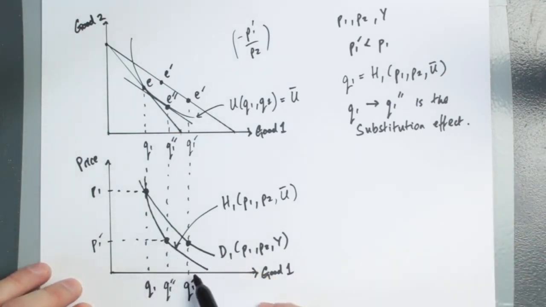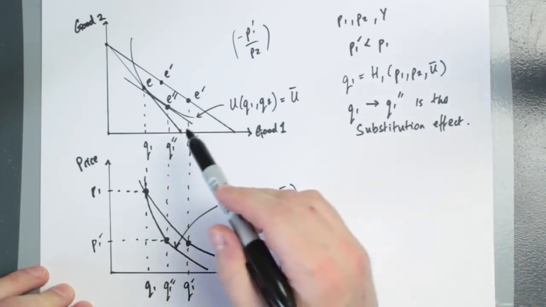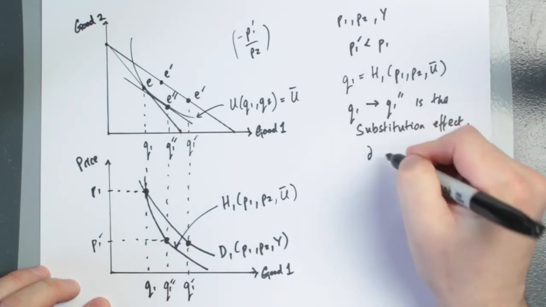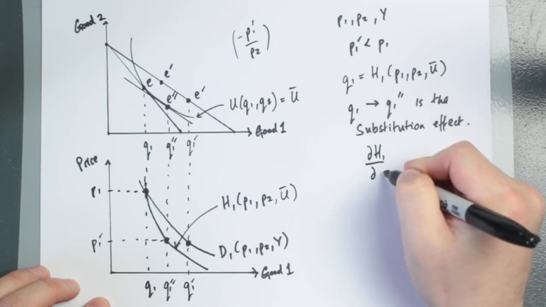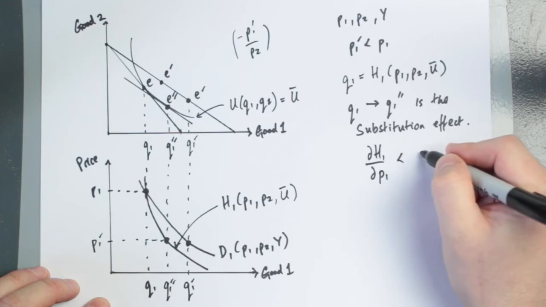Finally, we should notice that because the Hicksian demand is only capturing the substitution effect, if I assume strictly convex indifference curves, then I immediately know that the Hicksian demand function always satisfies the law of demand.